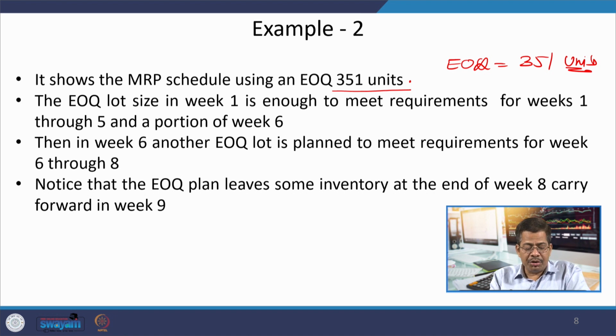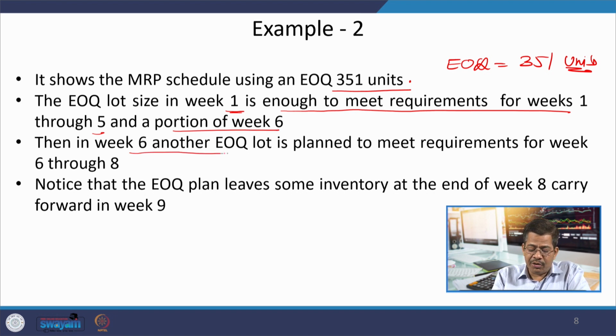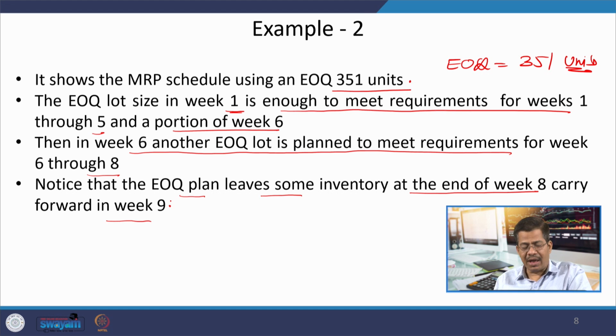Now, the EOQ lot size in week 1 is enough, this is the assumption, to meet requirements for week 1 through week 5 and a part of week 6. Then in week 6 another EOQ lot is planned to meet requirements for week 6 to 8, and here we see that the EOQ plan leaves some inventory at the end of week 8, carried forward to week number 9 also.